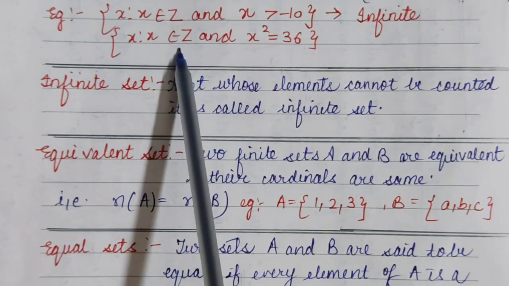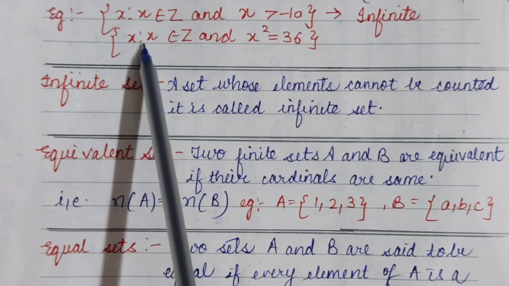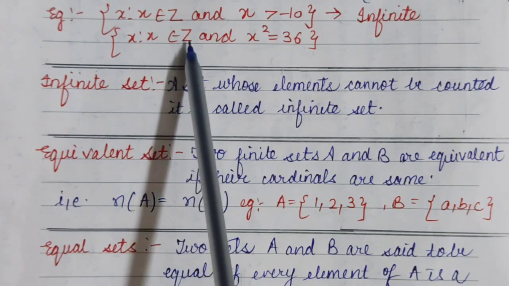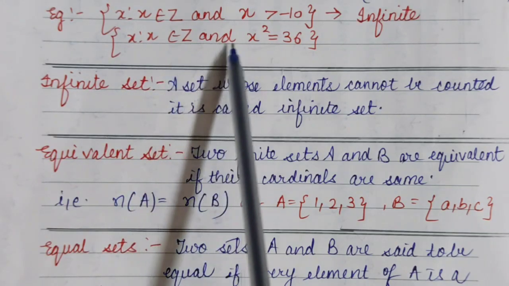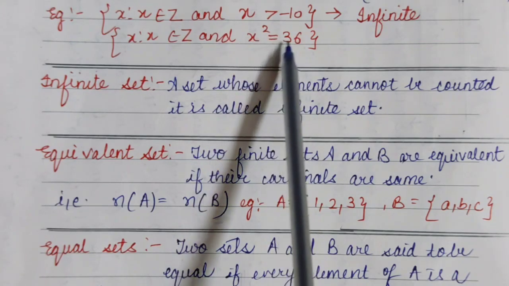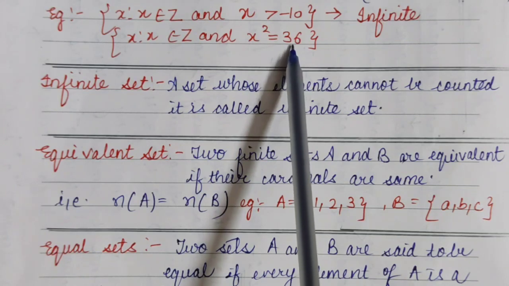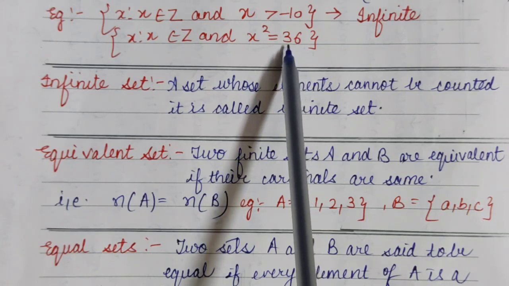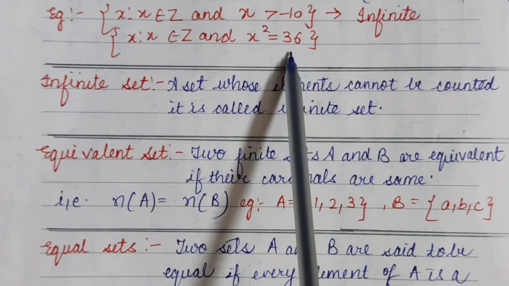But if we take another example, x such that x belongs to set of integers and x square is equal to 36. Now see, x square is equal to 36. If we solve it, we will get two values. x is equal to plus 6 and x is equal to minus 6.